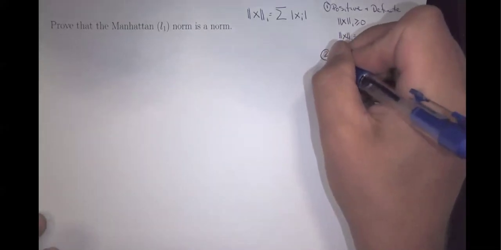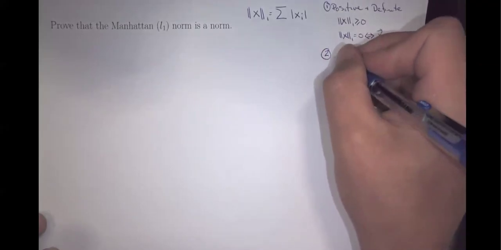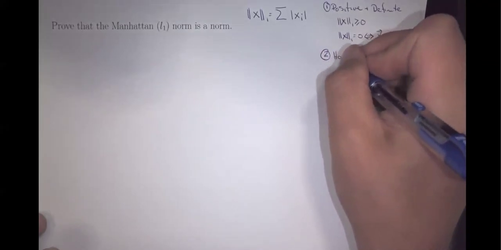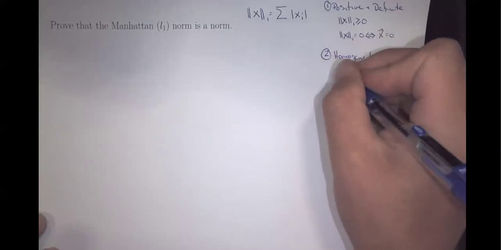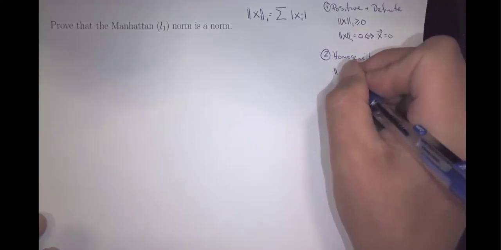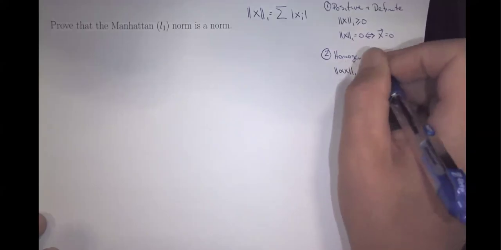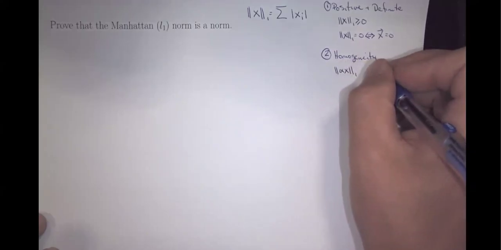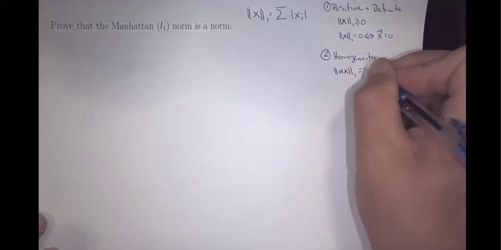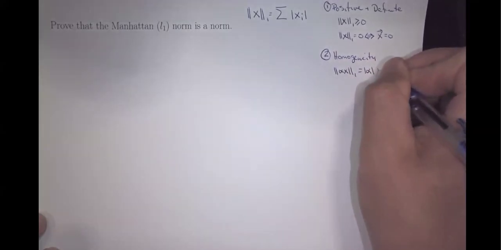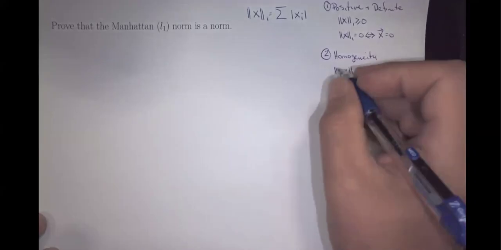Next, we have to satisfy homogeneity. So the one norm of alpha x for any real number alpha equals the absolute value of alpha times the norm of x, again for a vector x.